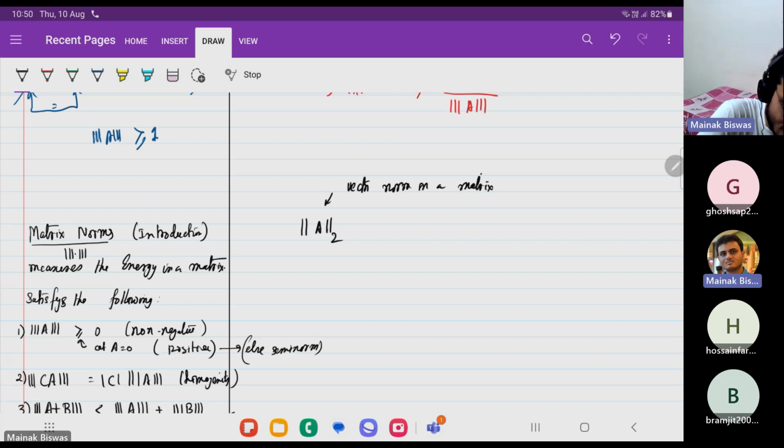So this is not a special matrix norm, but a vector norm, right? So this is defined as summation of a_ij square to the power half. Is this same as a vector norm?